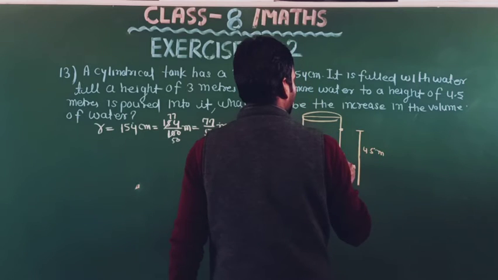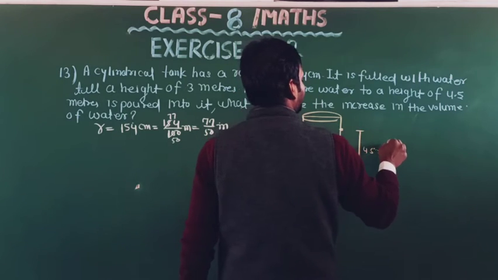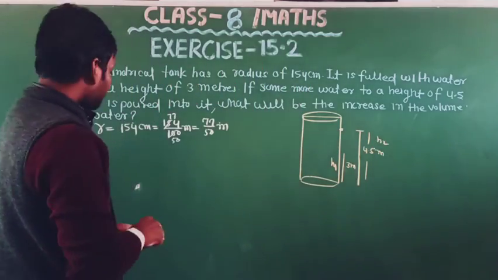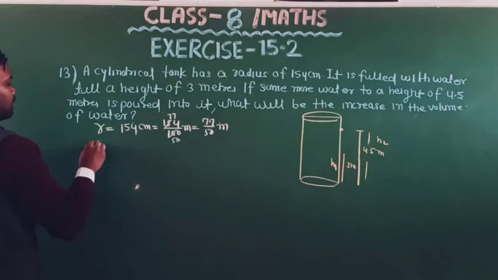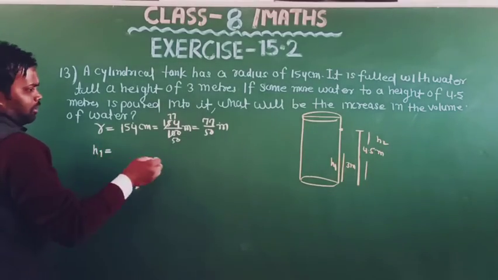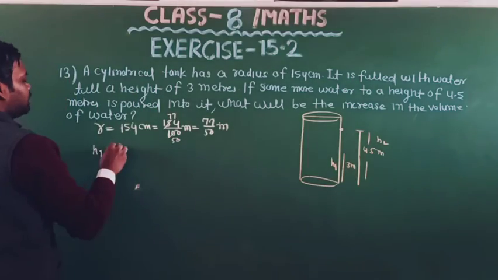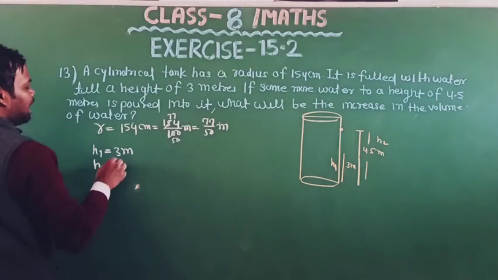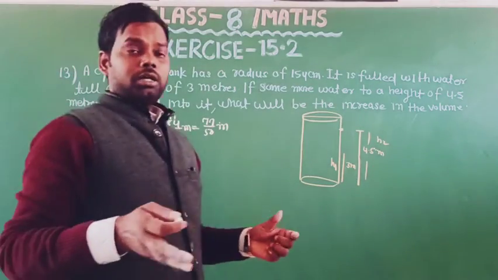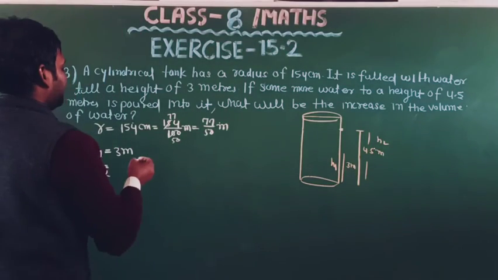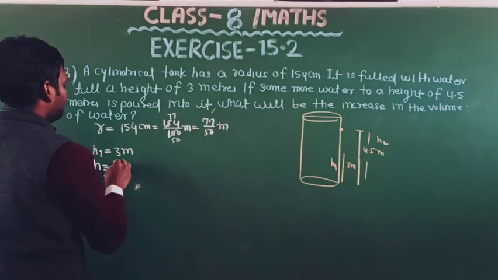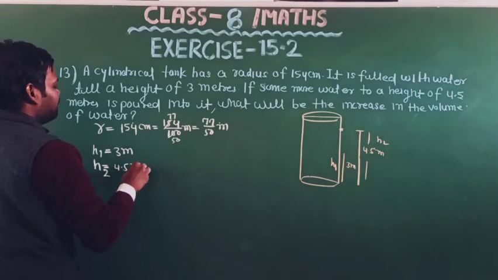Suppose h1 is first 3 meter and h2 is the height after pouring some water in the tank, which is 4.5 meter.